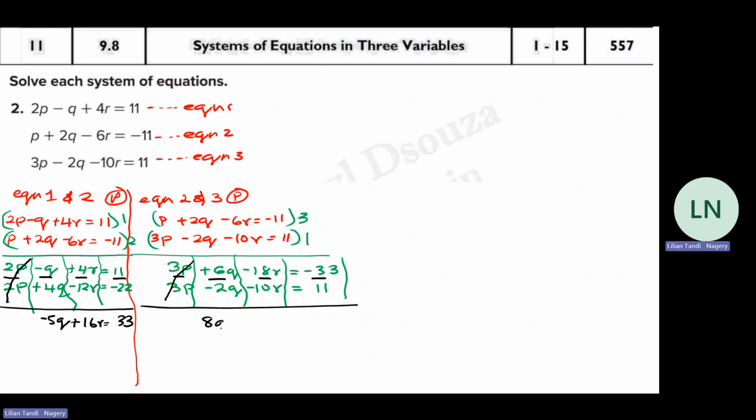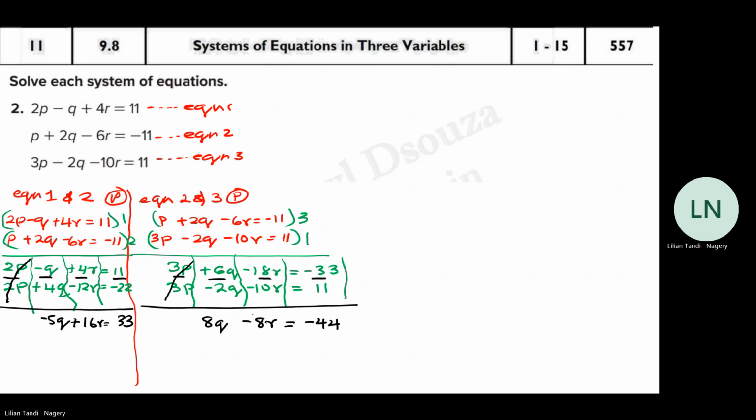This becomes 8Q. And this becomes negative 8R. And this becomes negative 44. Okay.